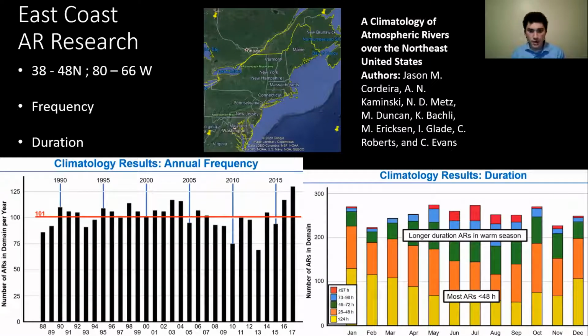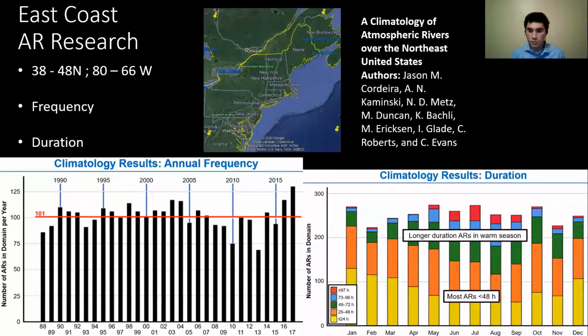From that, they were able to dive a little bit deeper and look at the different categories of ARs that were happening during each year and then over that 30-year period. They found that longer duration ARs are typically in the warmer season, so spring and summer. These would typically last longer if they were more powerful or if they were a higher category.